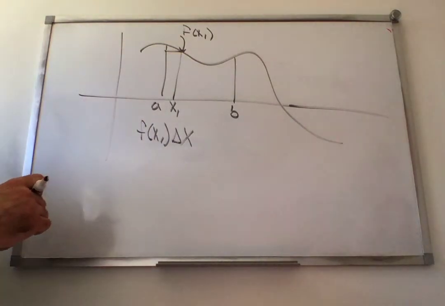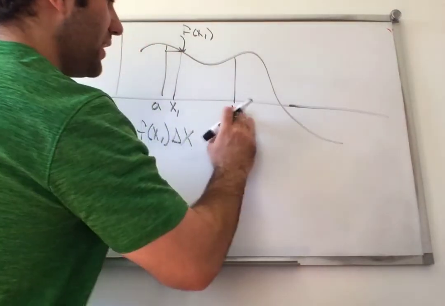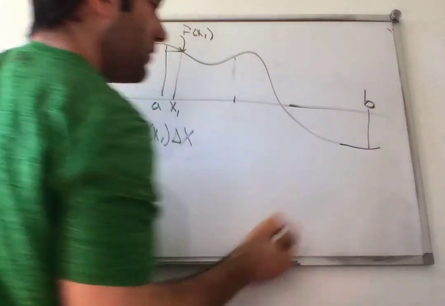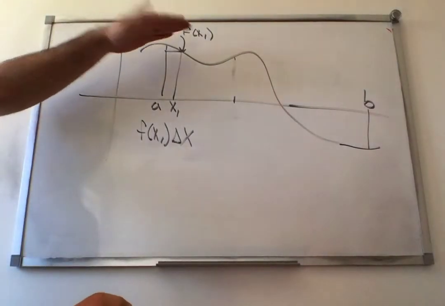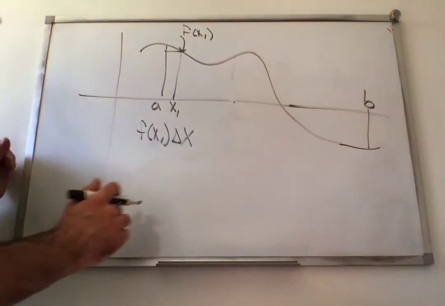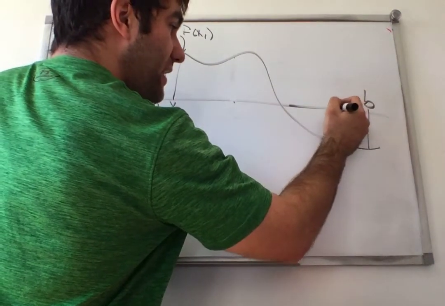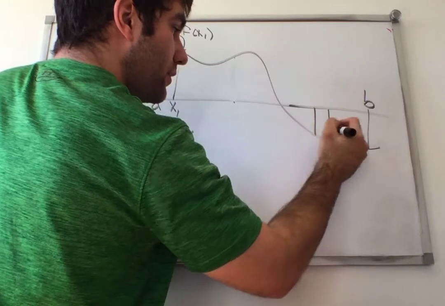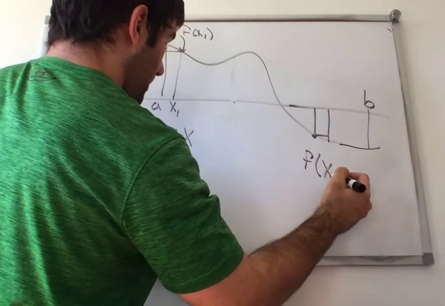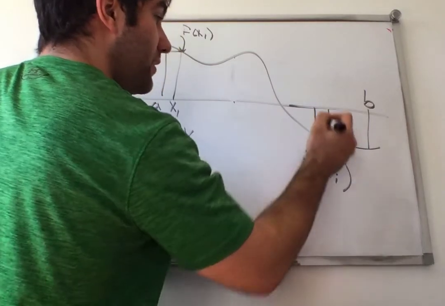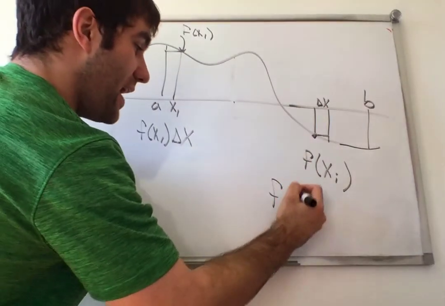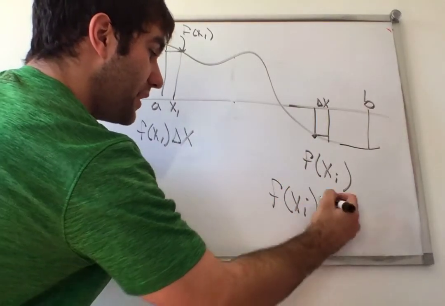But then, let's say we were to make a rectangle over here. So let's say we make our B, we have some function that has some positive part and some negative part. Okay, it goes underneath the x-axis. Now, if we were to make a rectangle here, this point right here would be f of x. I'm just gonna call it xi. This is still delta x, so the area of this rectangle is f of x sub i delta x.